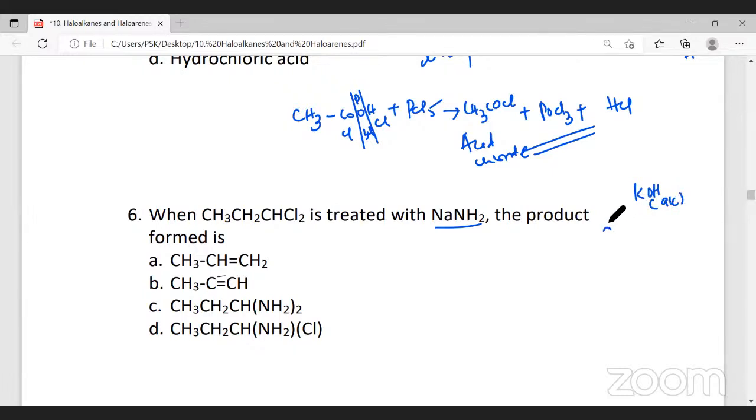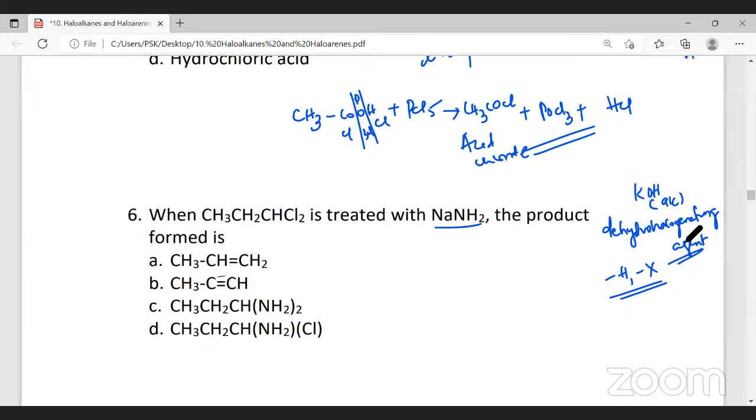Alcoholic KOH is called a dehydrohalogenating agent. What do you mean by dehydrohalogenating agent? Removal of hydrogen and halogen from the neighboring carbon atom, not from the same carbon atom, but from the adjacent carbon.